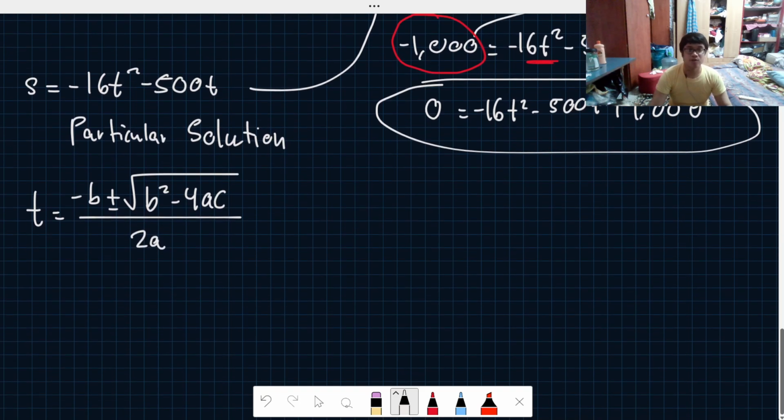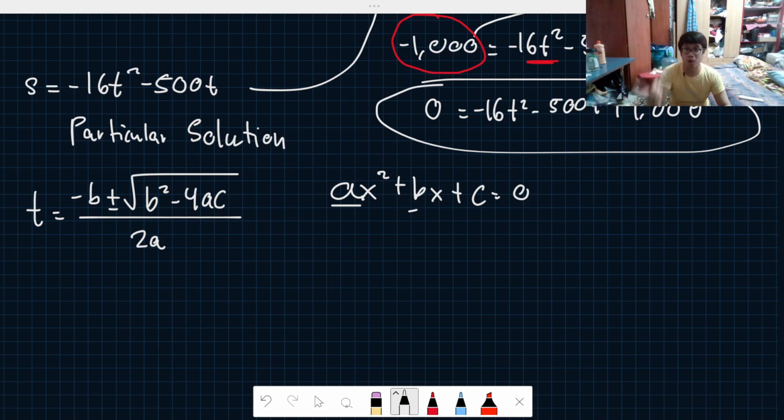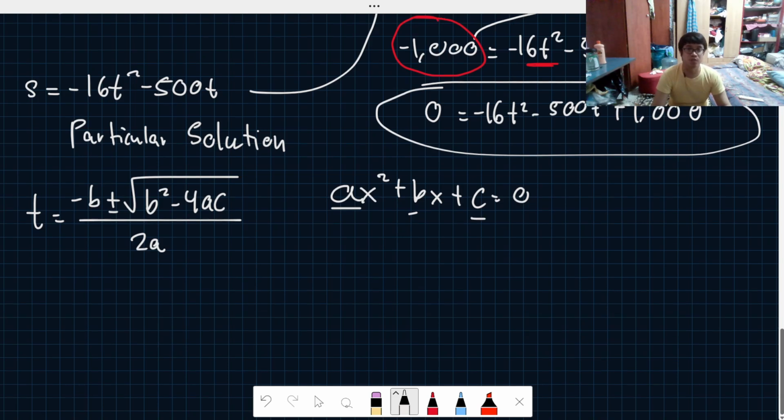If you're asking what a, b, and c are, think of it this way: your a is just beside the squared, your b is just beside the variable with the exponent of 1, and your c is just the constant term.